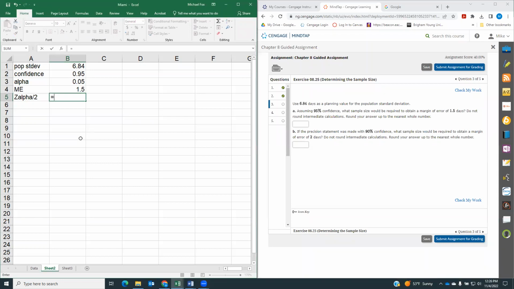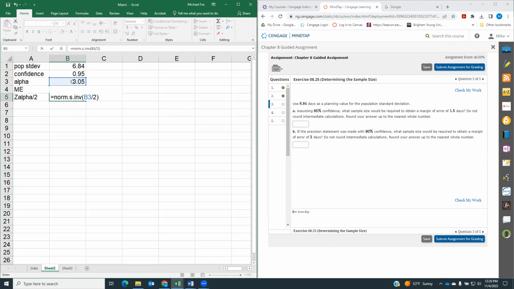So if I just do equals NORM.S.INV, and then I put in my alpha and divide it by 2, that will give me the z-score of my alpha divided by 2.